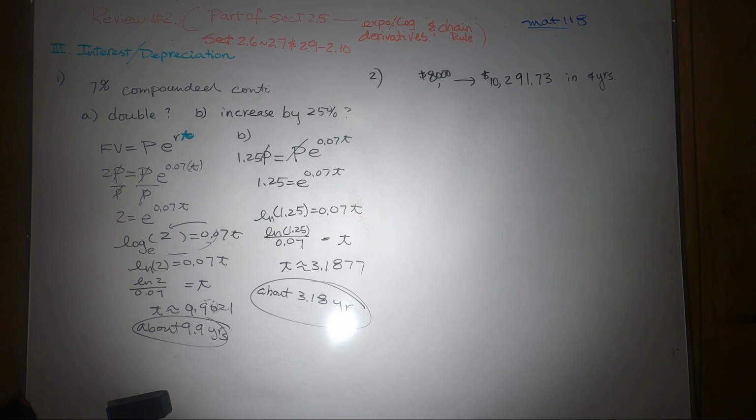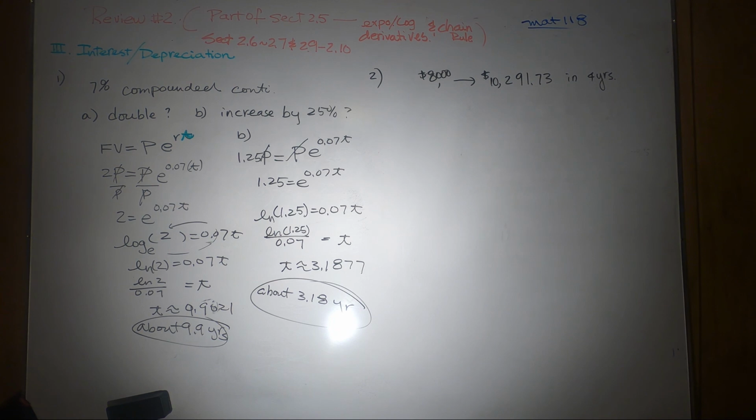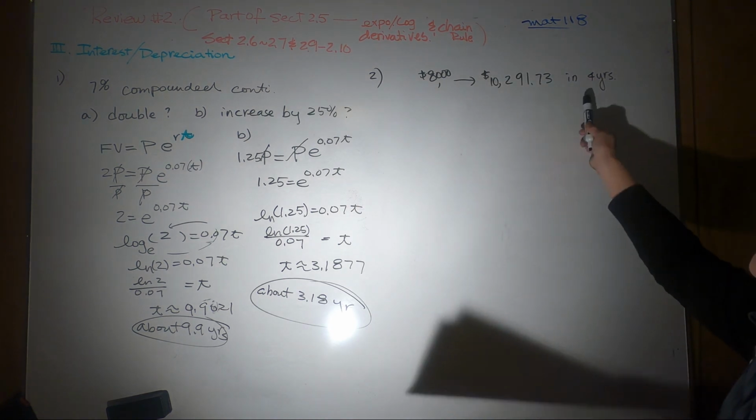So a lot of time you see some data, then all the different funds have different returns. That's how they calculate, right? For different investment funds, they show you different numbers. So they start from some numbers and end up in 4 years.